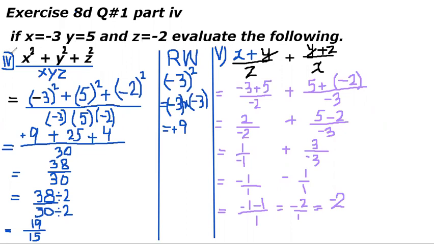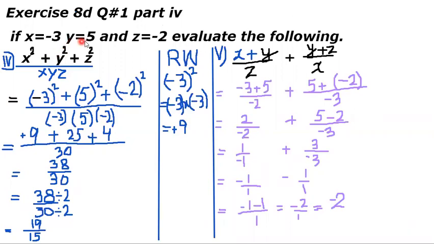Evaluate the following. We have to put the value of x. The value of x is -3. Instead of x, we will put -3, and this is square, so we will put a square here. Next is plus y square.